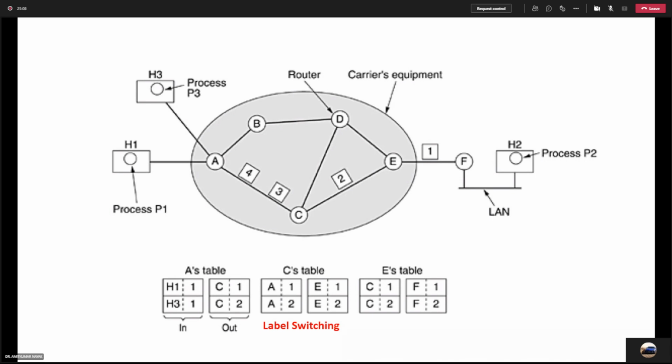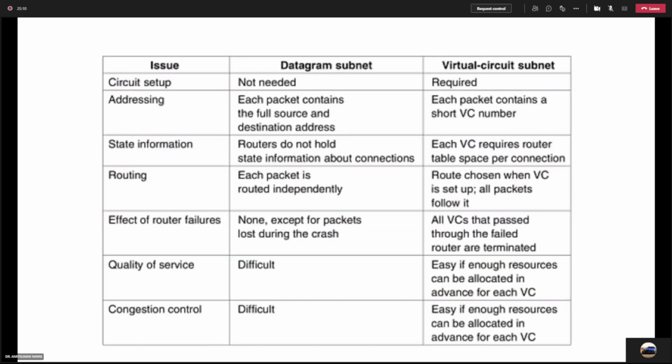We have discussed the difference between datagram and virtual circuit. Virtual circuit means connection-oriented communication, and datagram means connection-less communication. I think we have discussed that connection-less datagram communication is unreliable, and virtual circuit subnet or connection-oriented communication is reliable, because in virtual circuit subnet the receiver has to send the acknowledgement, whereas in datagram subnet the receiver will not send any acknowledgement.